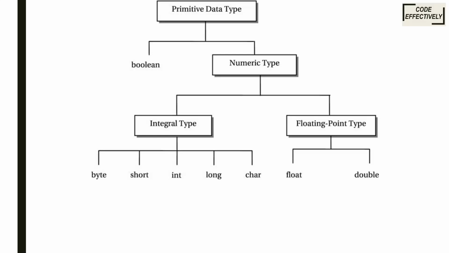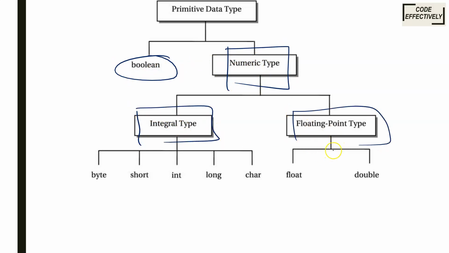In Java there are many primitive data types, and we will discuss them by category. The first one is the Boolean type, and then in the numeric type we have the integral type and the floating type. In the floating type we have float and double, and in the integral type we have short, long, byte, and char.